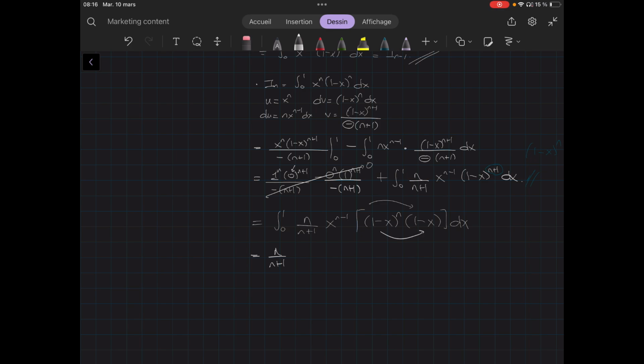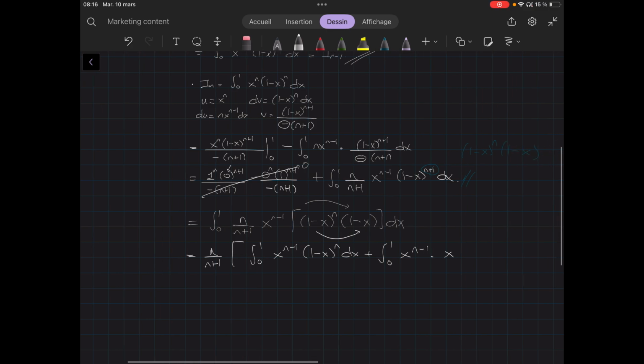I'm going to take this out. We have the integral of x to the n minus 1, 1 minus x to the n, and the integral of x to the n minus 1 times x times 1 minus x to the n.